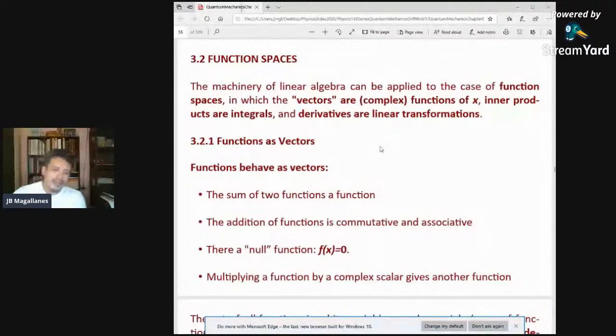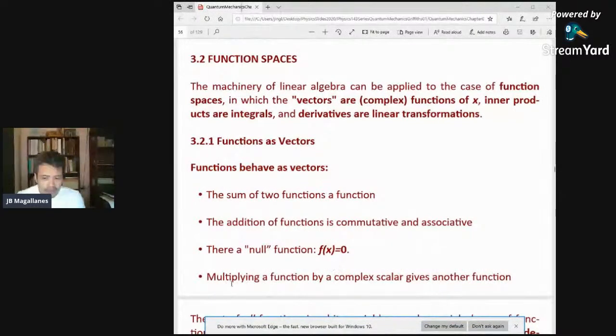Of course we'll be talking about the sum of two functions. Is the sum of two functions a function? The answer is yes. The addition of functions is commutative and associative. The answer is also yes. Is there a null function in which when you add a function to a null function gives the function? Yes.